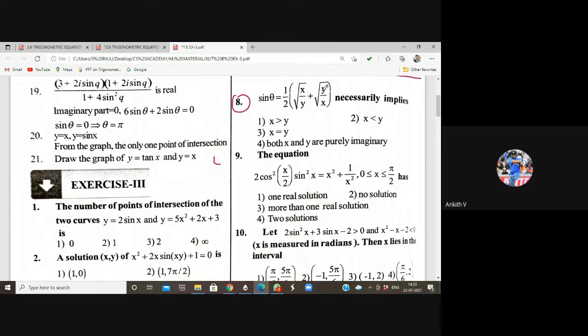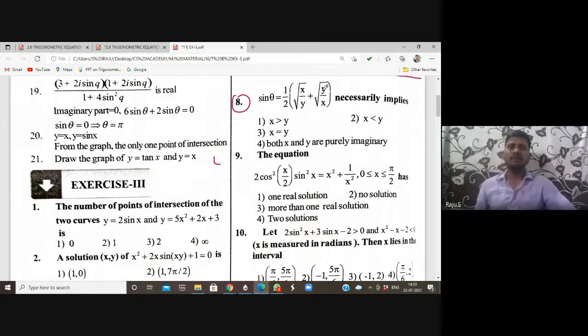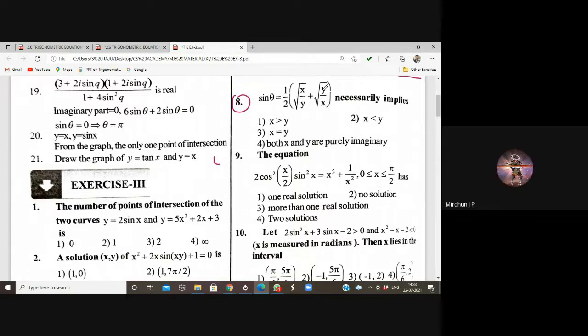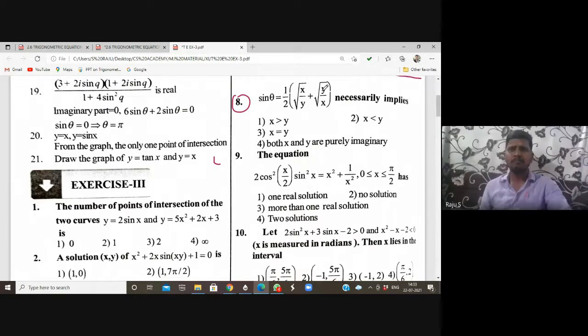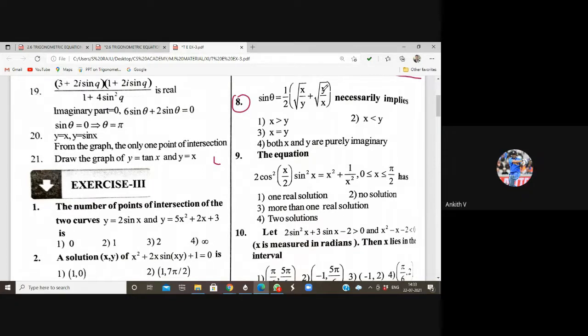Third option. Third option, huh? Okay, right. Sir, because when we take x and y as 1, sir, equally means root of 1 by 1 plus root of 1 by 1 is 1 plus 1 equal to 2, sir. Half into 2 is 1, sir. That is in the range of sine, sir.